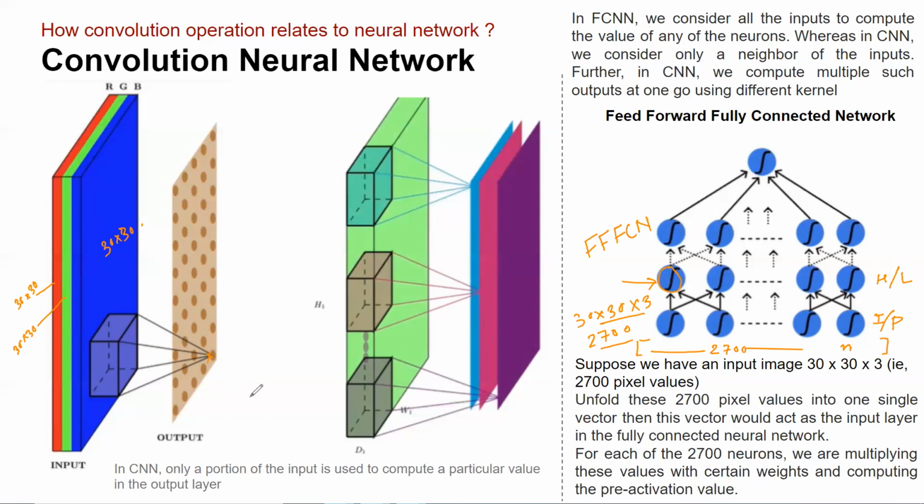But even in the other case, the input layer is still 2700, and the hidden layer is becoming smaller.